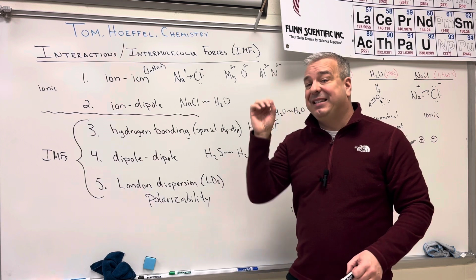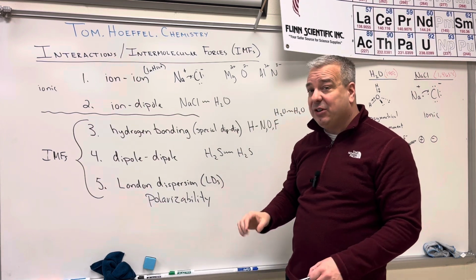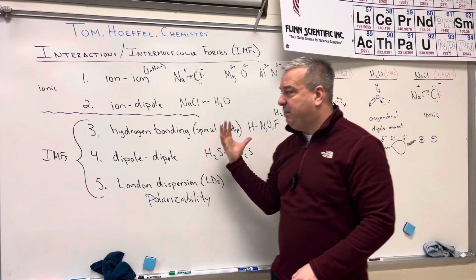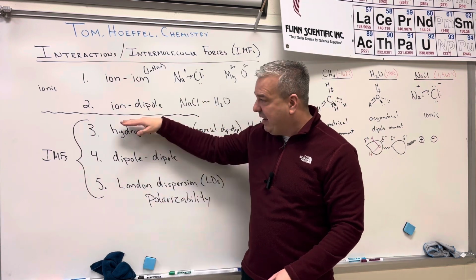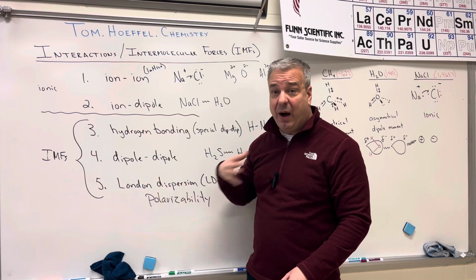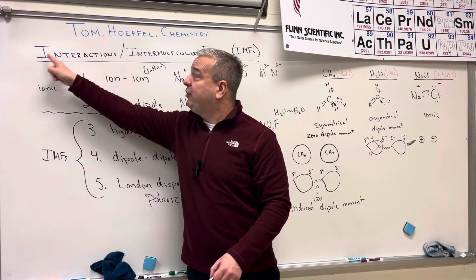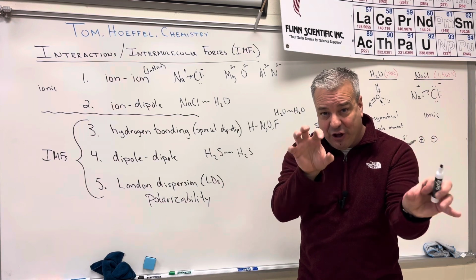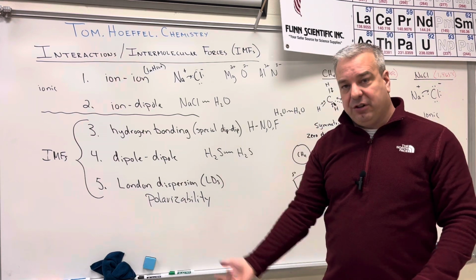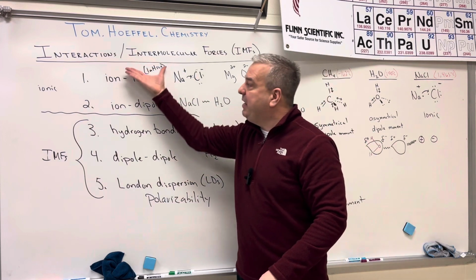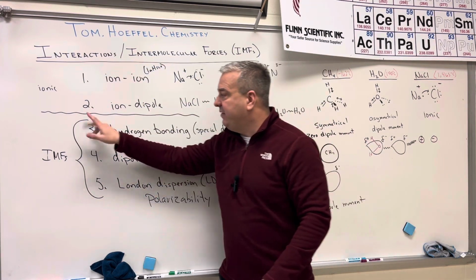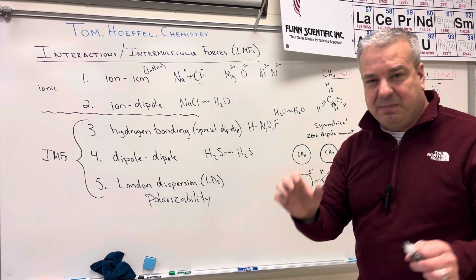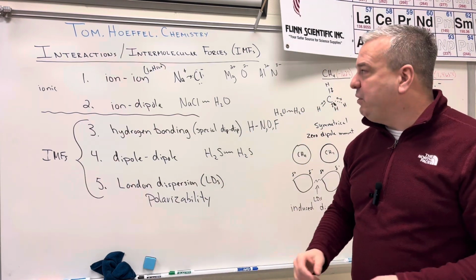But technically speaking, if we use the term intermolecular force, we really should only be talking about things that are covalent, and that would be items 3, 4, and 5. So I like to use this word interaction: how does one molecule interact with another molecule? Instead of the term IMFs, so that I can be all inclusive instead of just talking about items 3, 4, and 5. So that's just some semantics, word choice between the two.